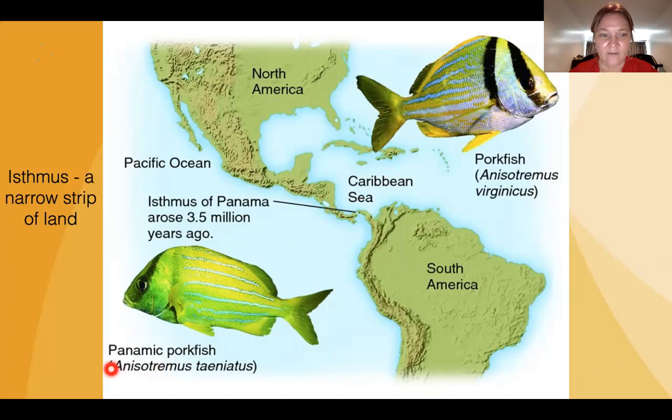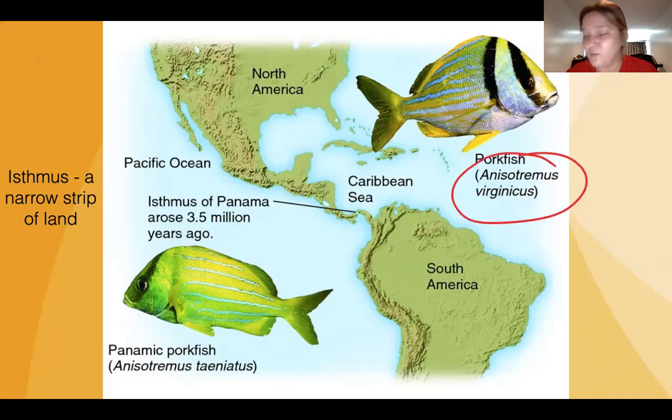And so you have the Panamic porkfish and the porkfish here. You see the genus is the same, Anisotremus, but the species differs. We have genus and species, which we'll learn about in the next chapter, either the next one or 18, I can't remember.